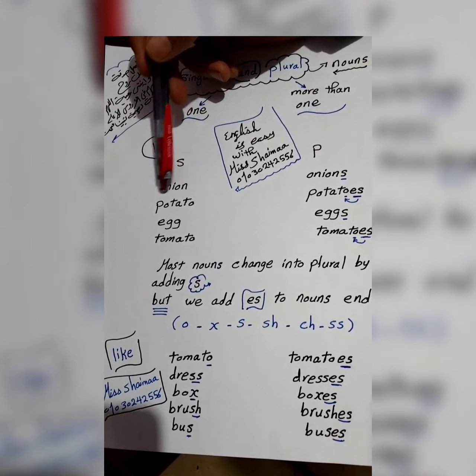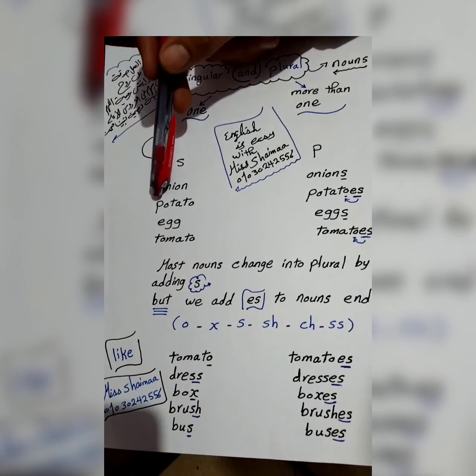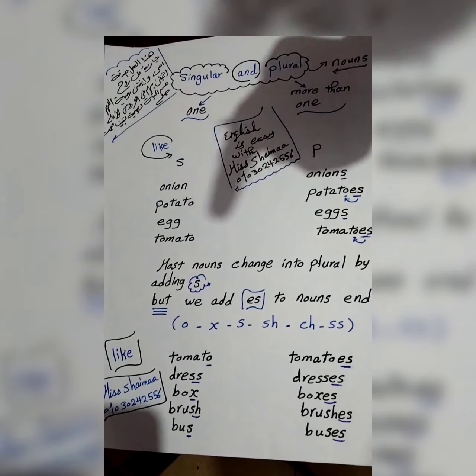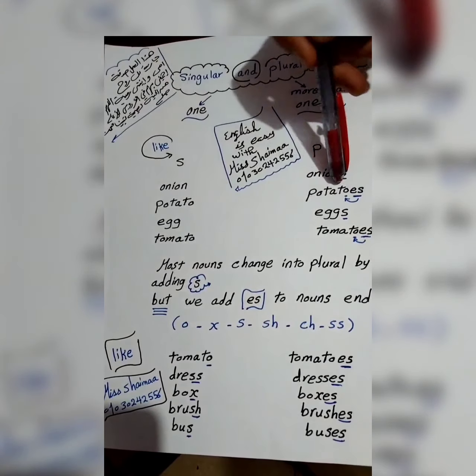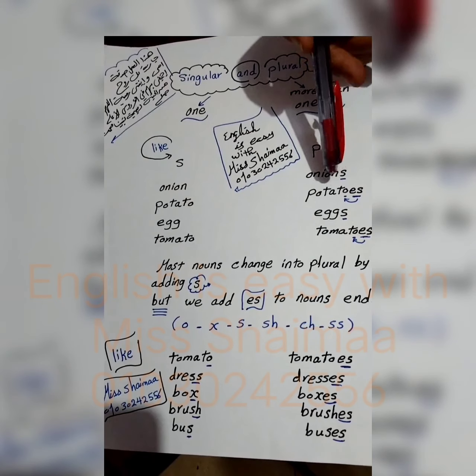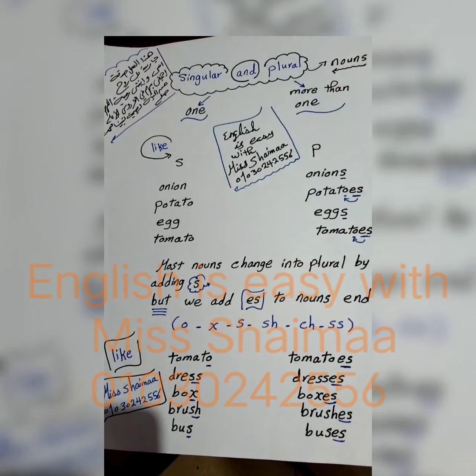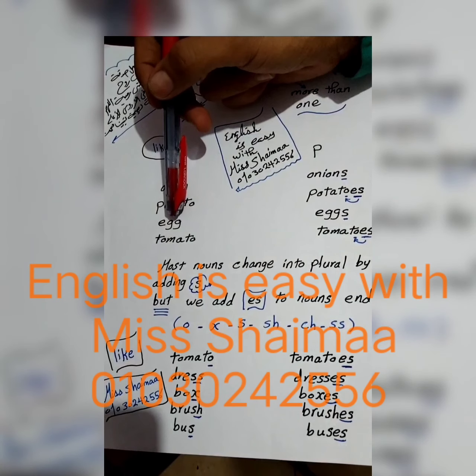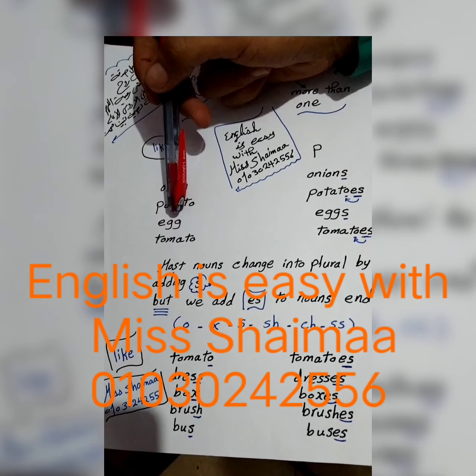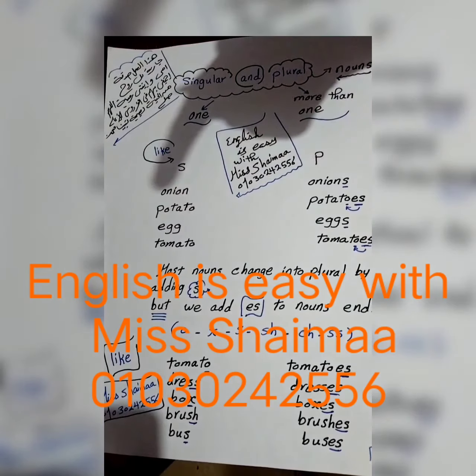Potato, it's a singular noun. One potato. Potatoes, this is the plural of the noun potato. Egg, this is singular. One egg.